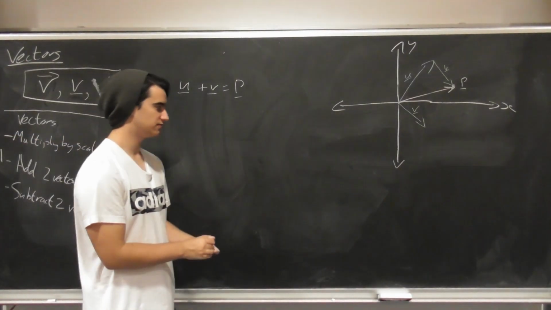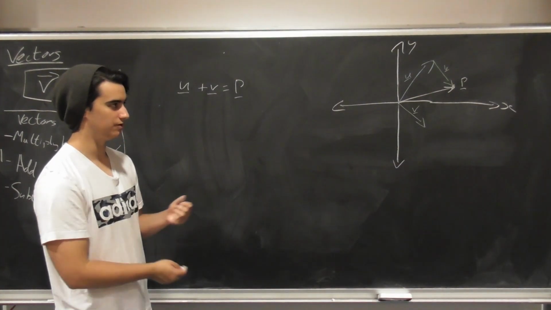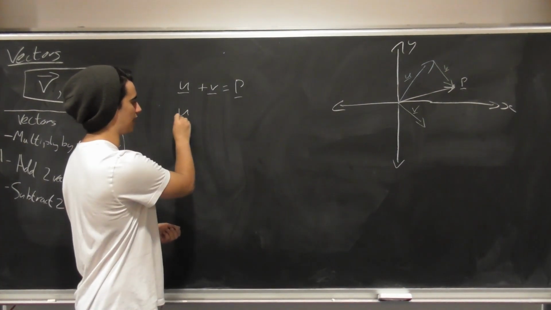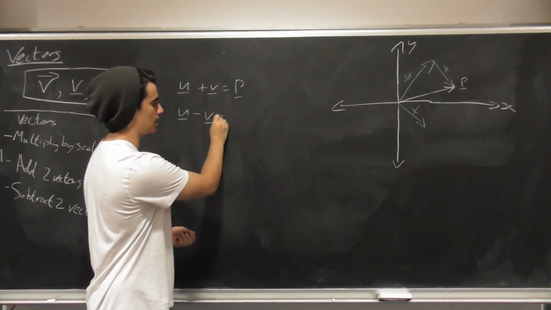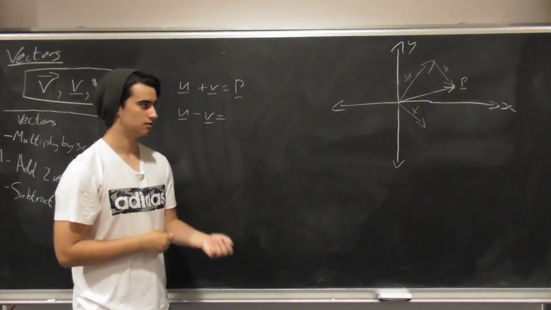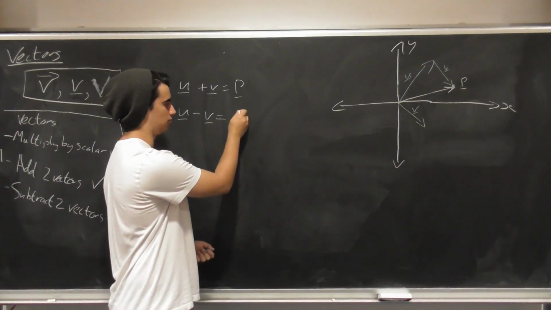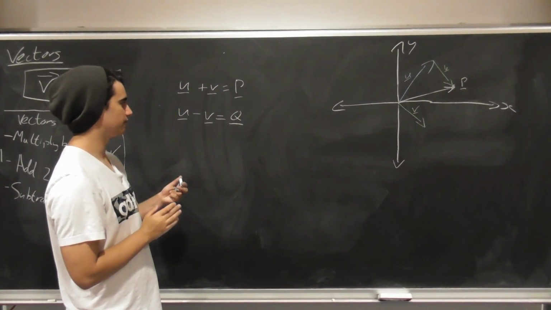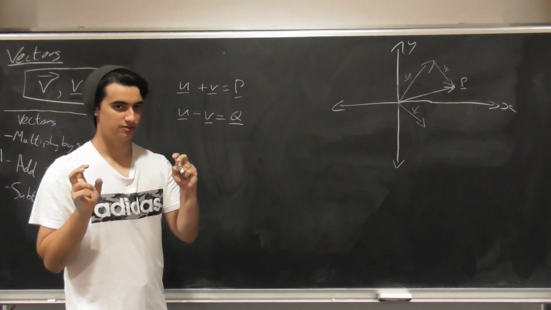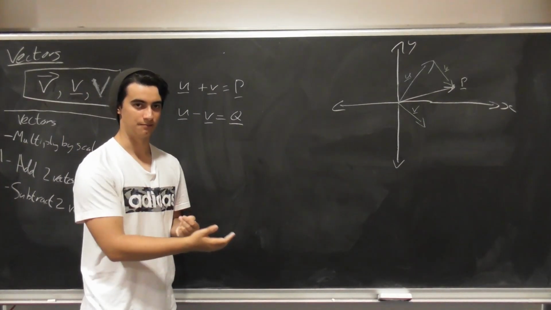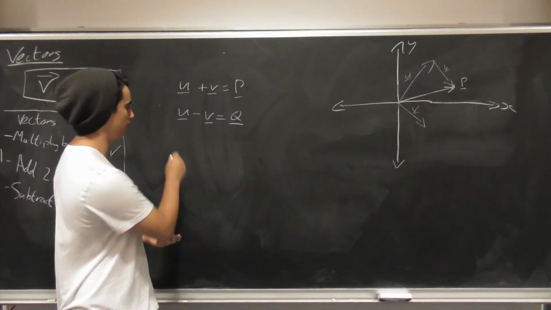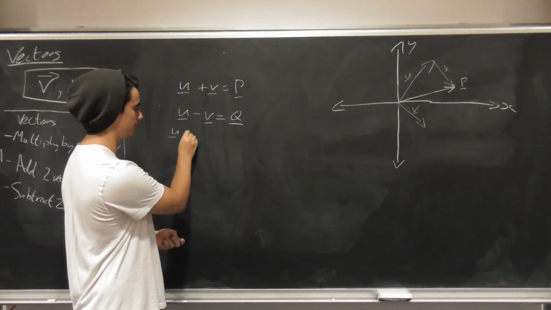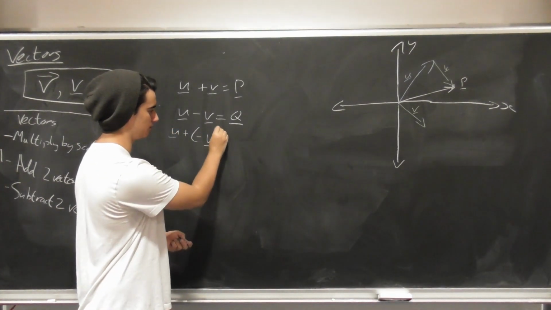So let's say we want to take u and subtract v, and we want to make this new vector, we'll call it q. So instead of thinking of it as subtraction, we can think of it as adding a minus. So we write this as u plus minus v.